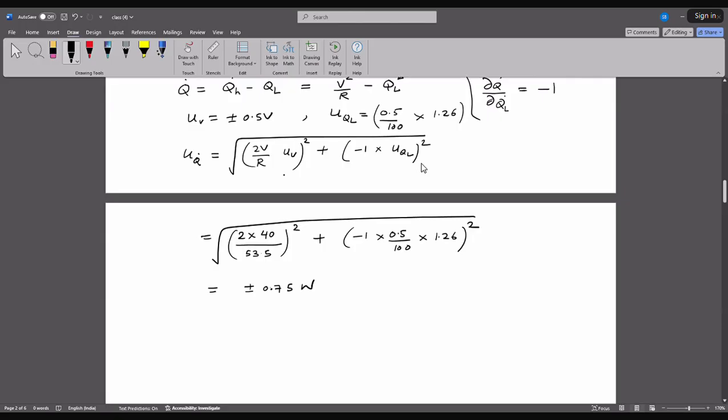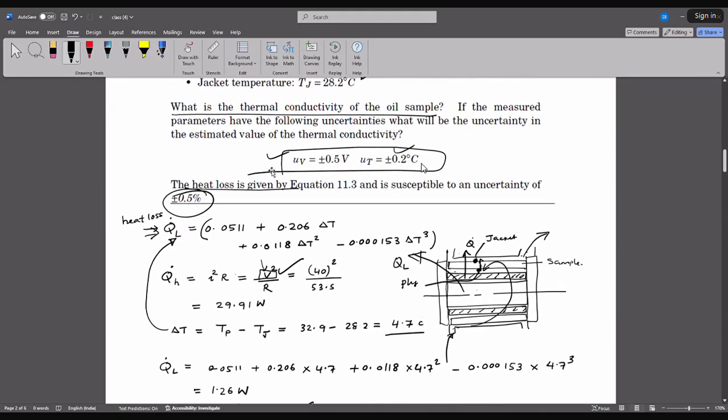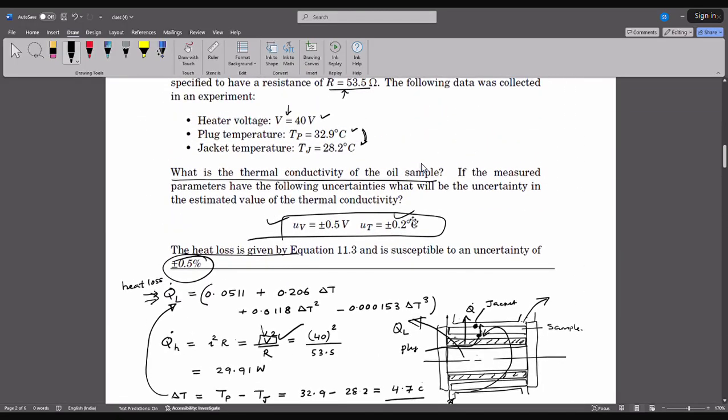Now, the expression for K is Q over A times delta over delta T. Q dot has an uncertainty of plus minus 0.75, which we just found, and the temperature has an uncertainty of plus minus 0.2 degrees centigrade.